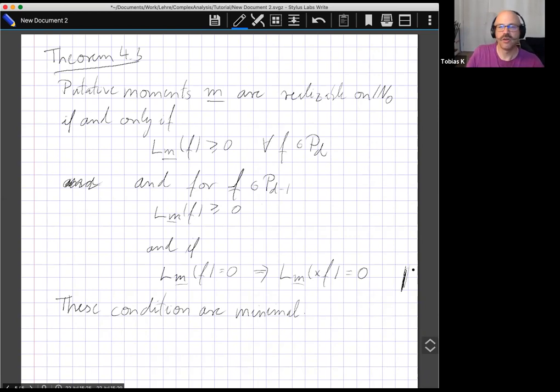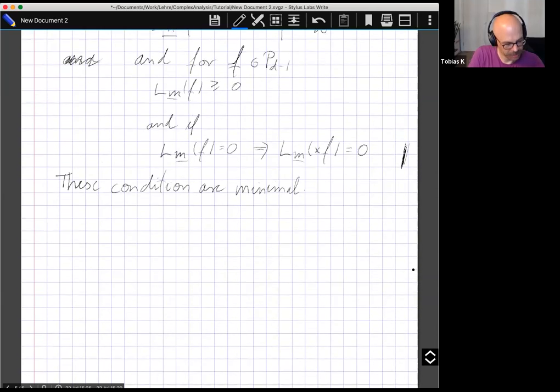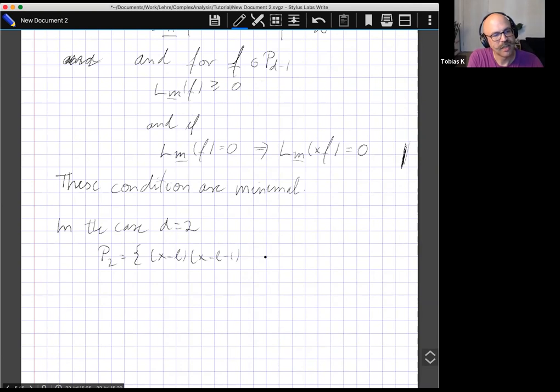Now, I'm almost done and I should finish. So what does this mean in the case d equal to 2? Then P2, as we said before, is the collection of all polynomials which look like that, where L is an element of n0.